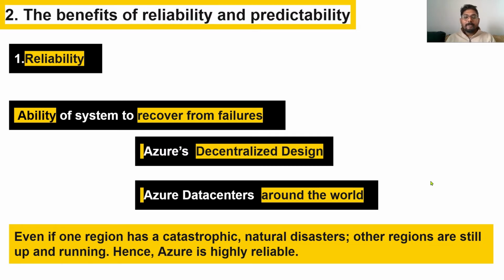Even if that happens, because it has a decentralized design, the data centers are replicated over multiple locations of the world. So if one fails, there's another region to run the services for you. Other regions are still up and running, hence Azure is highly reliable.